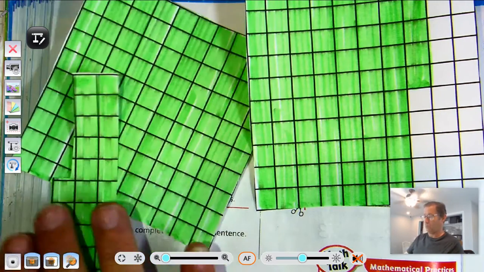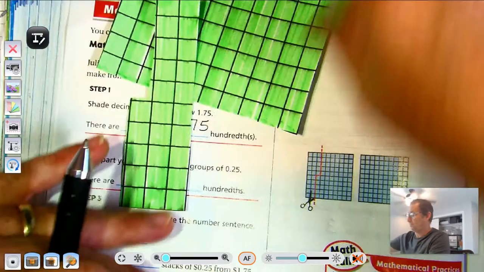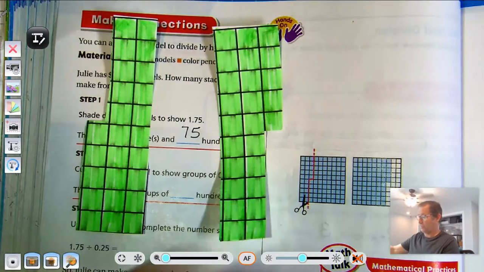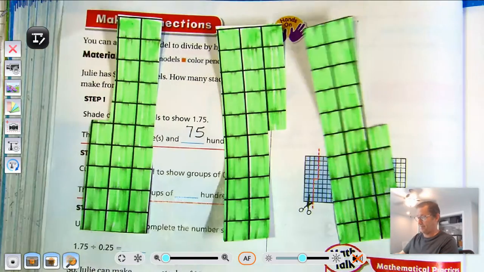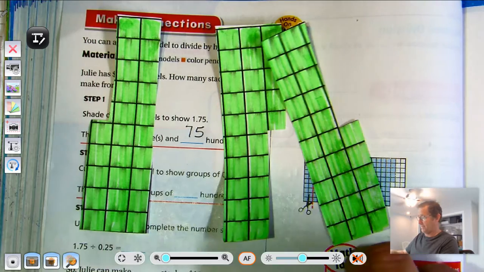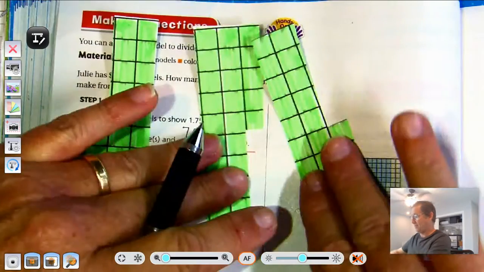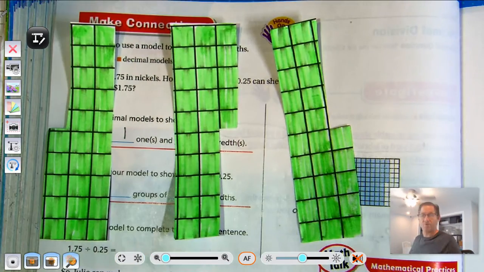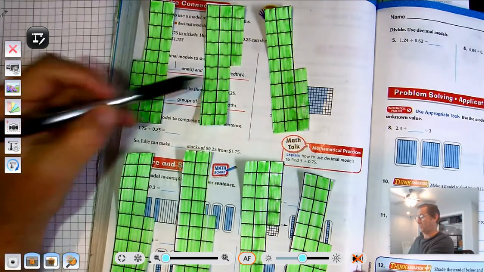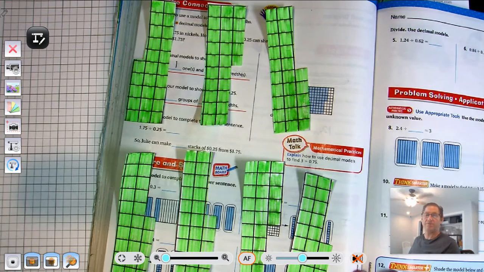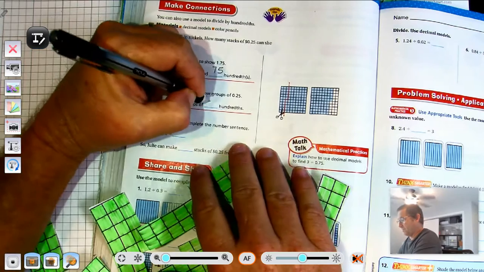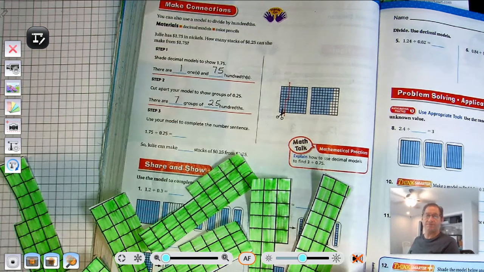So I had 1, 2, 3, 4, 5, 6, 7 groups of 25 hundredths. So 7 groups of 25 hundredths.